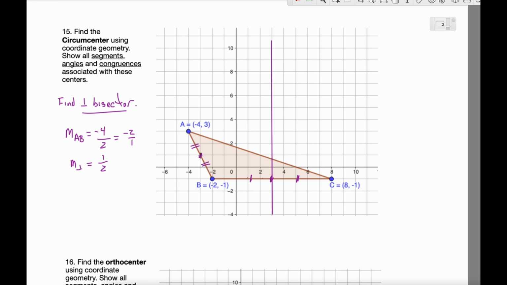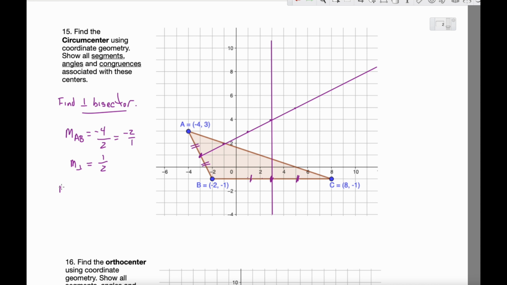Which means from this point we're going to go up 1 over 2, up 1 over 2, and make our line. There it is. Looks like we have an intersection, but we are going to do all three as a check.